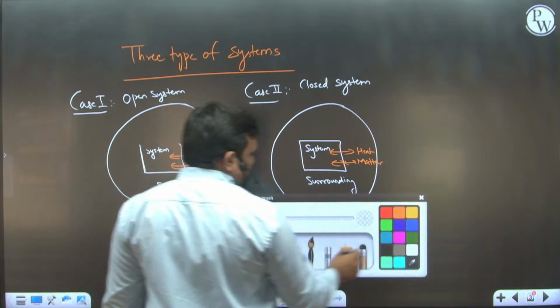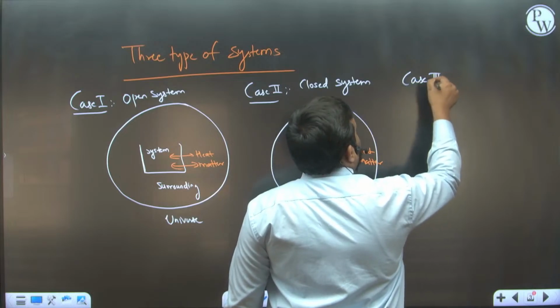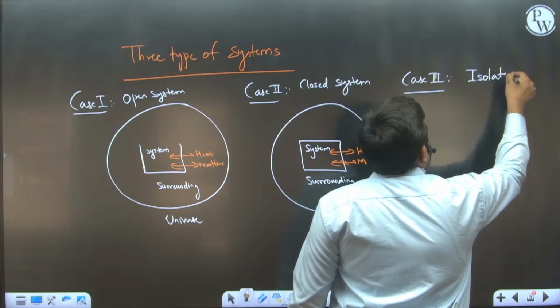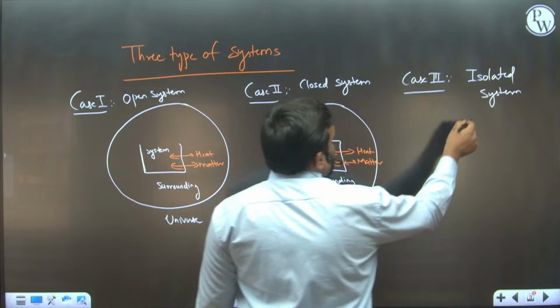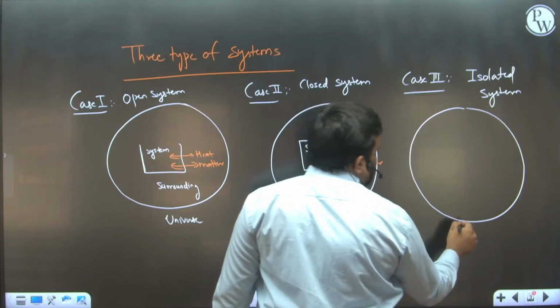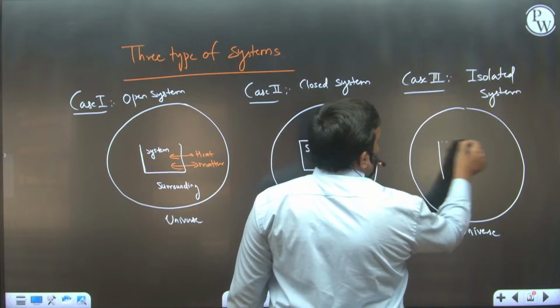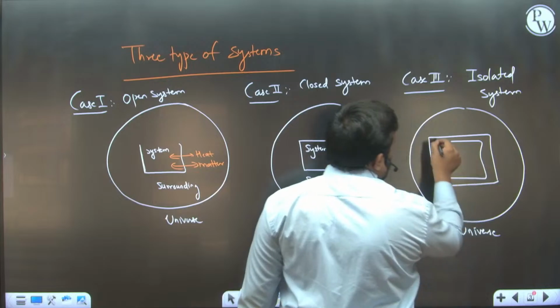And case number 3, that is our isolated system. In this we will be having same, this as universe, which is made up of system, and this time the system will be having insulation over here.